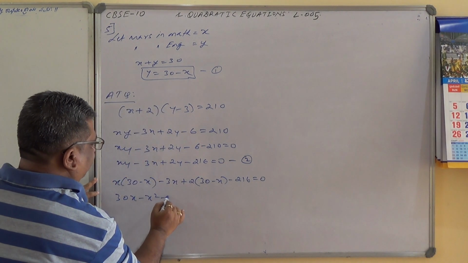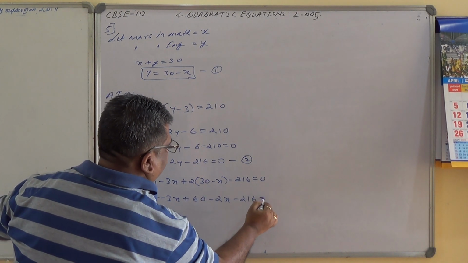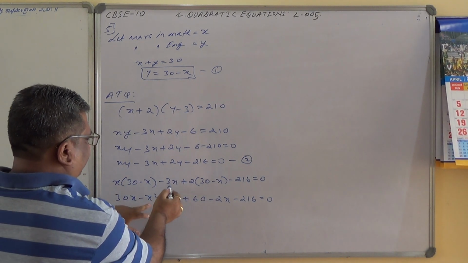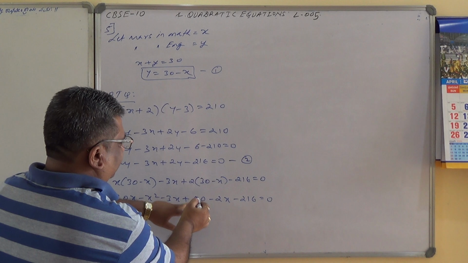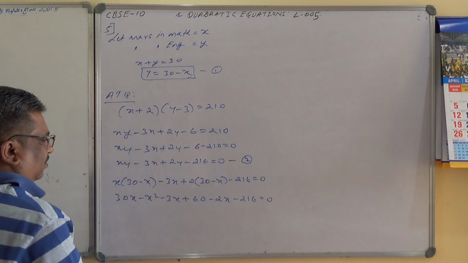30x minus x square minus 3x plus 60 minus 2x minus 216 equals 0. So what should we do now?